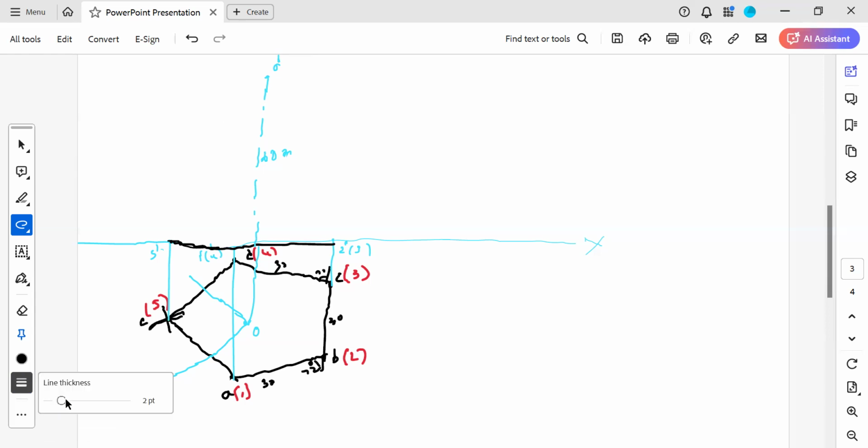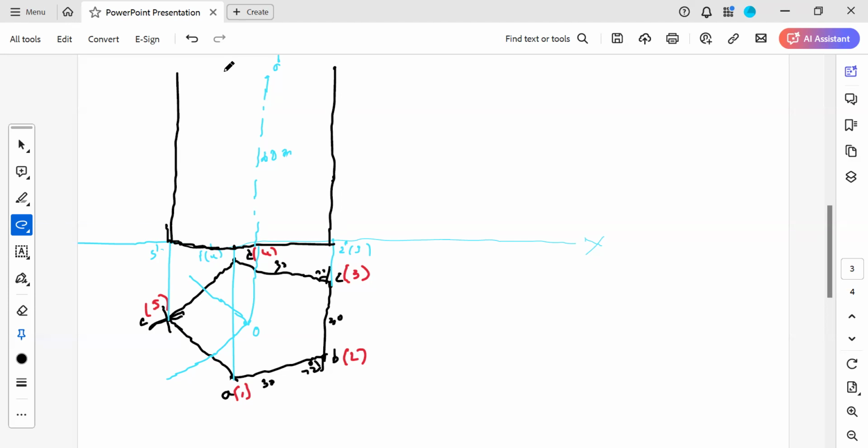For that, at this point you draw a vertical line and you measure 60. At this point also you draw a vertical line and you measure 60.